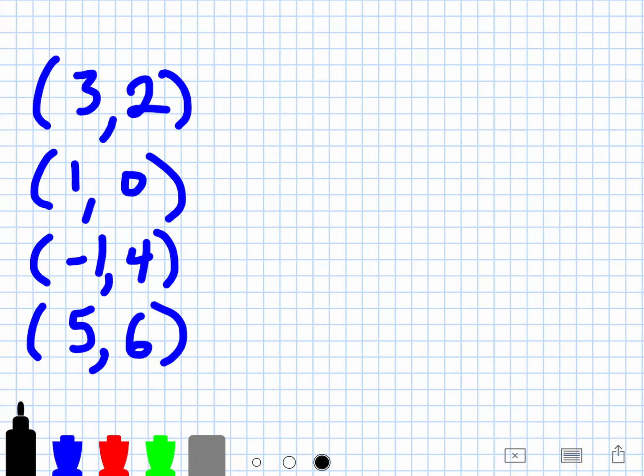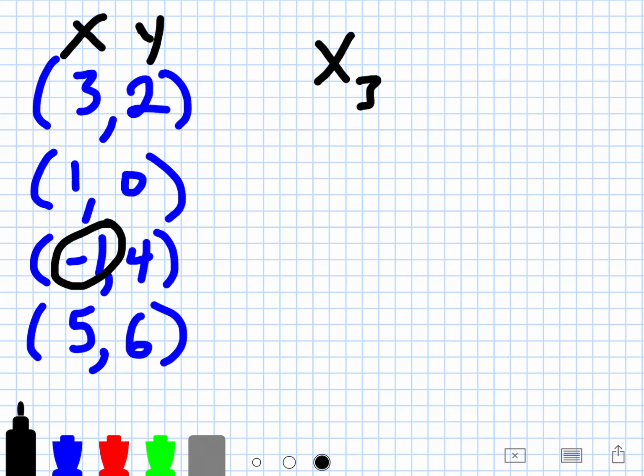All the points have an x component and a y component, but which x component are we talking about? If I say look at the third x, we would write that as x3. The third x would be this one right here, because this is my first one, this is my second one, this is my third one. And so my x3 would be equal to negative 1.